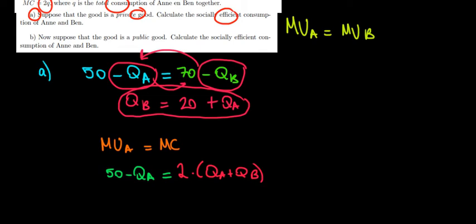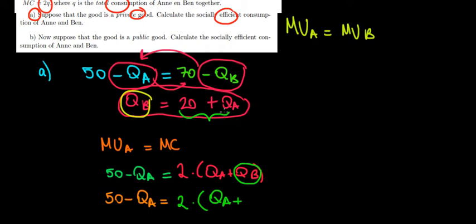Now, what else do we know is that the quantity of Ben can be written as 20 plus qa, and we will have everything in terms of qa so that we can find it. So we will have 50 minus qa is equal to 2 times qa, and instead of qb we substitute 20 plus qa. Now it's a matter of math to keep solving it.